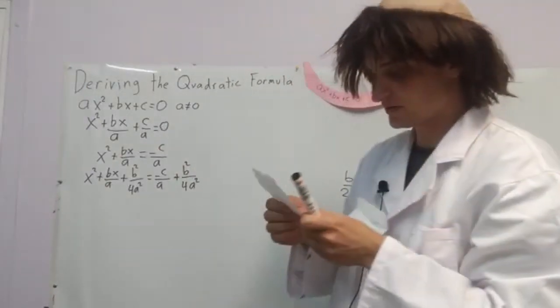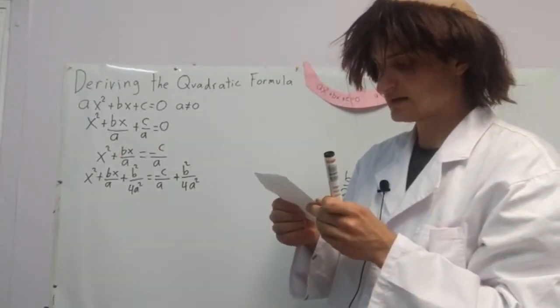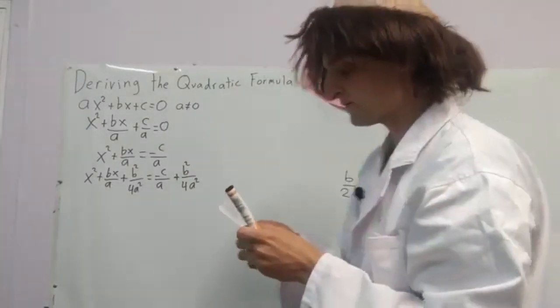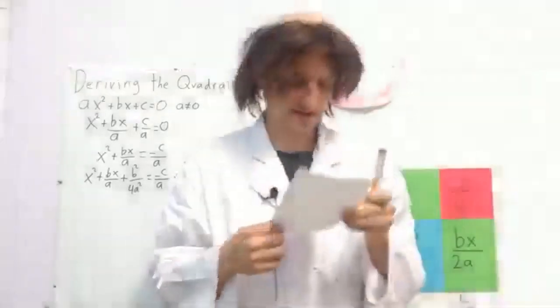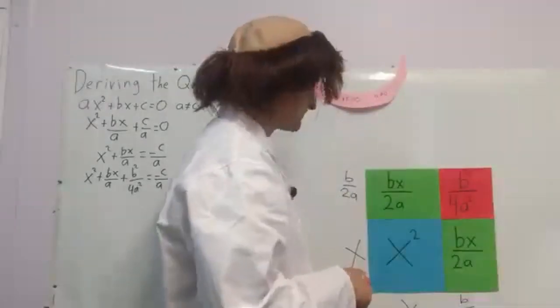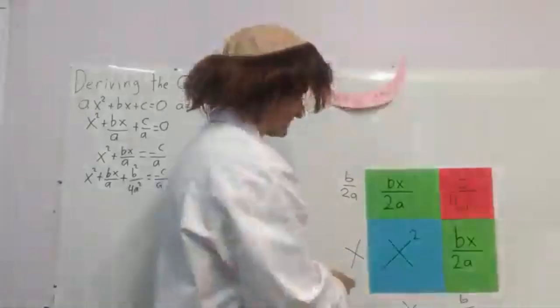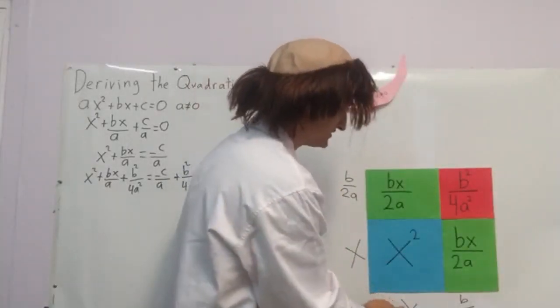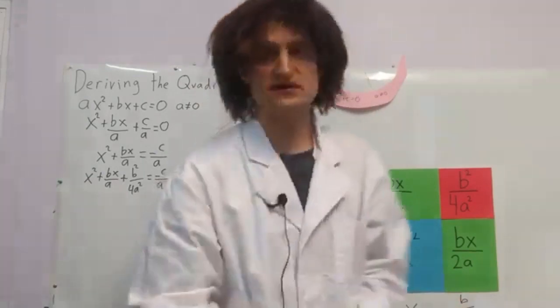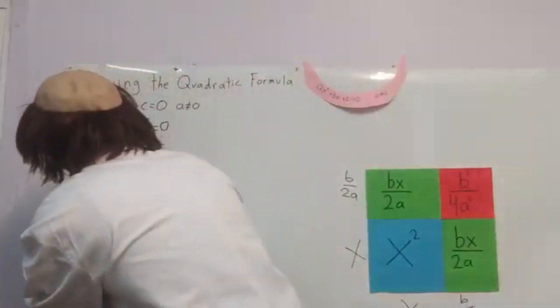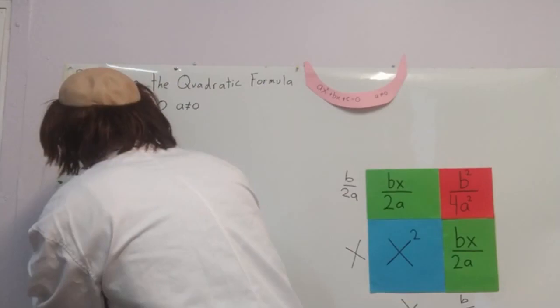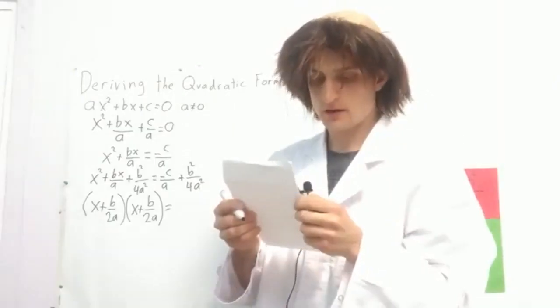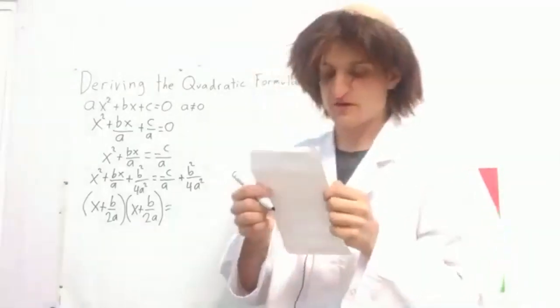What's the next step? We need to factorize on the left. How do we factorize it? What are the dimensions of this square? x plus b over 2a times x plus b over 2a. Step number 5.